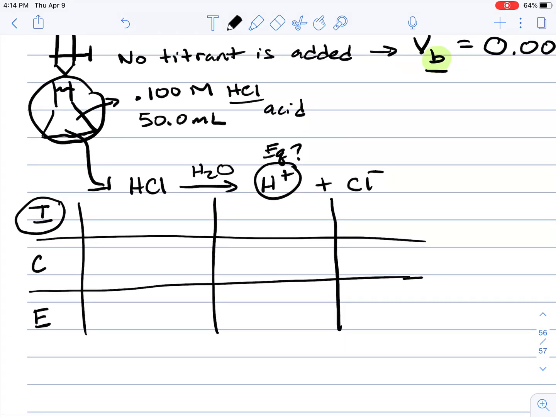And so I'm going to go ahead and describe the initial concentration, which is 0.100 molar. And then let's talk about my change.